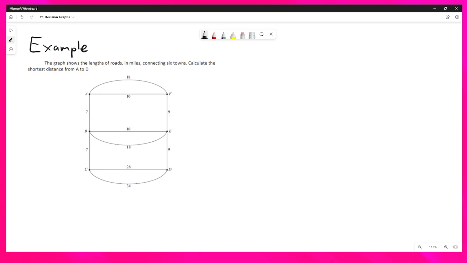So let's look at just calculating the shortest distance from A to D. We're going from A to D. So we've got lots of potential routes. We can see that if we go A to B, then B to E, and then E to D, we get one route.